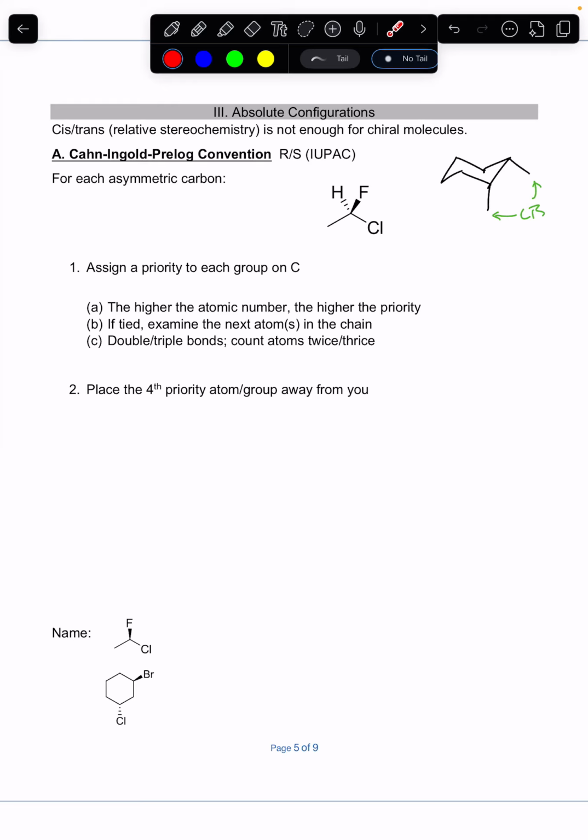But those terms, cis and trans, just refer to relative stereochemistry. They're either on the same side or the opposite.